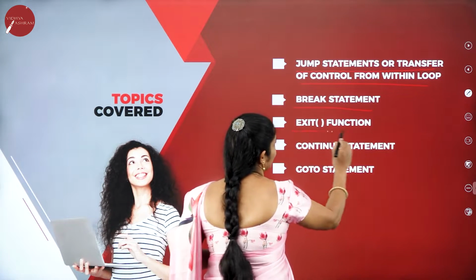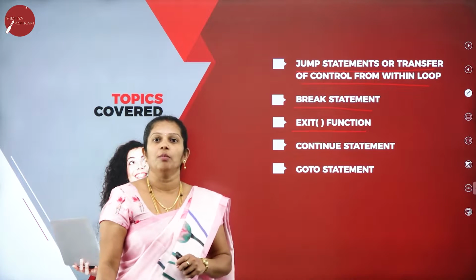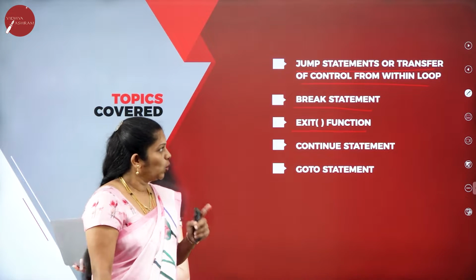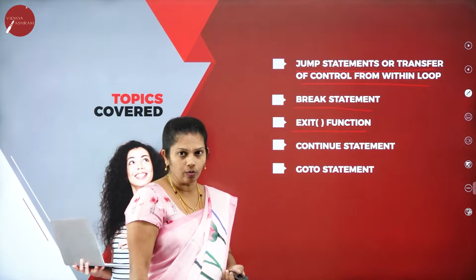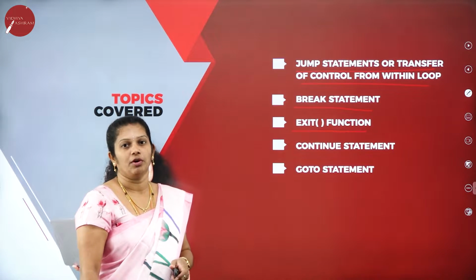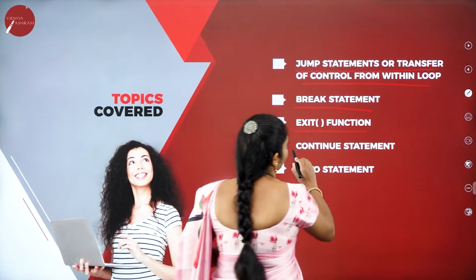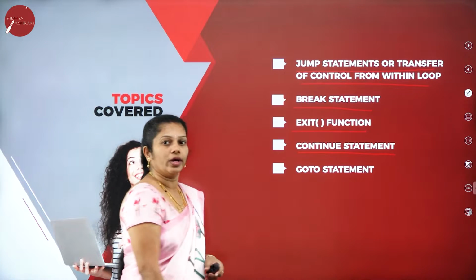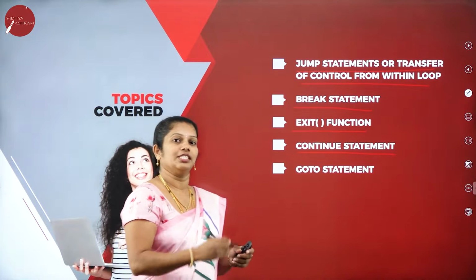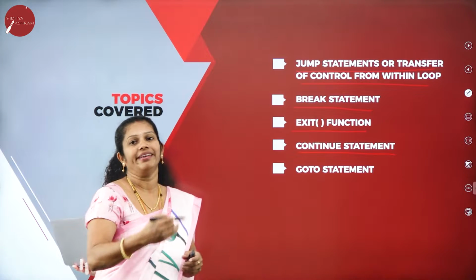The next one, the exit function, helps to come out from the program itself. Break helps to come out from the loop, whereas exit helps to come out from the program. And the continue statement helps to continue the set of statements again and again, repeatedly.